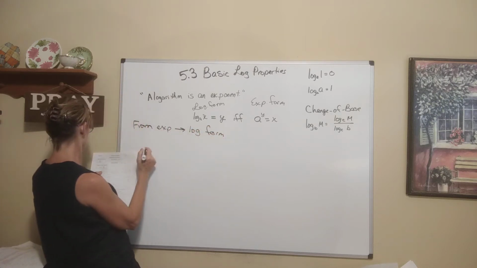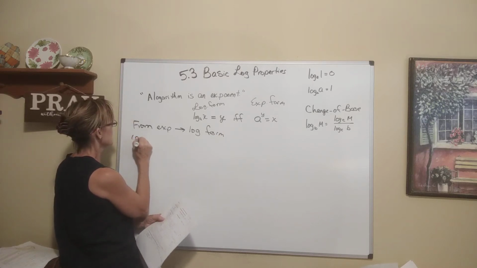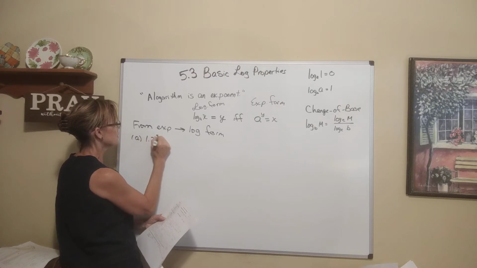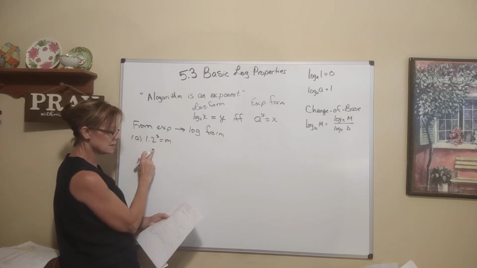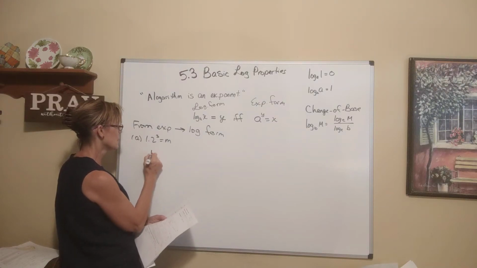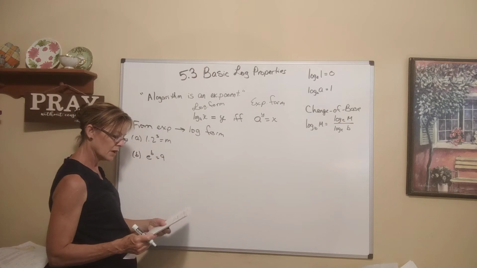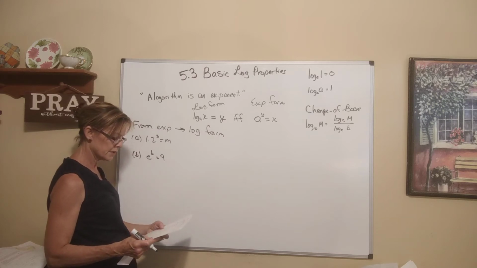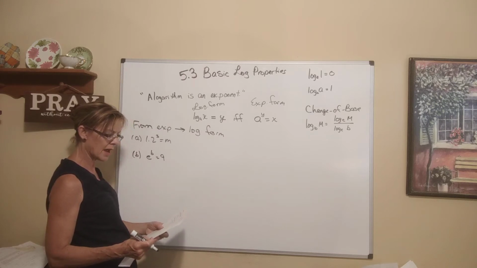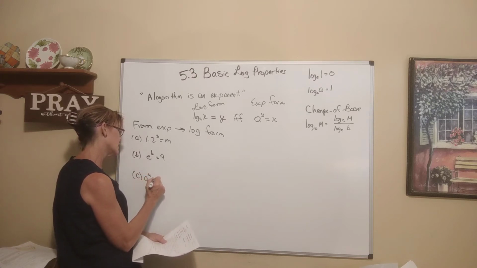The first one that we have on the sheet is a is 1.2 to the third equals m. This is exponential form. The second one is e to the b is 9, and then we have c, a to the 4 is 24.